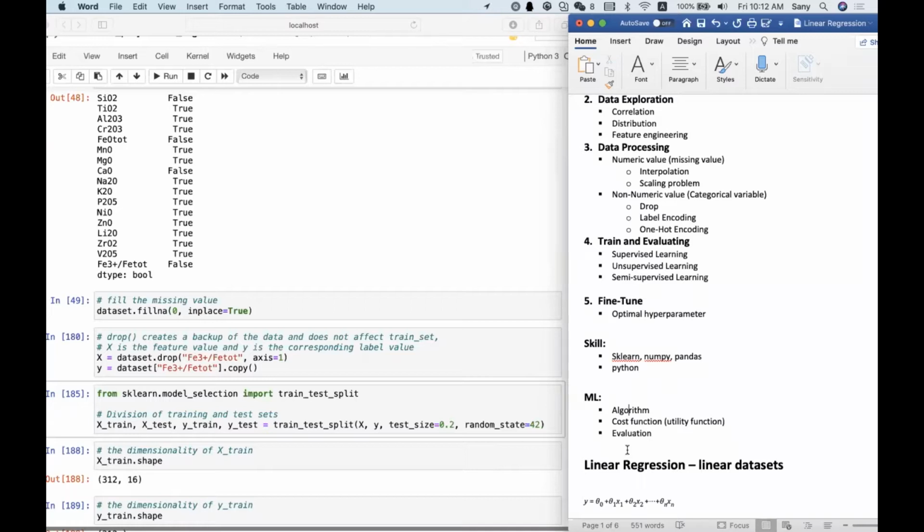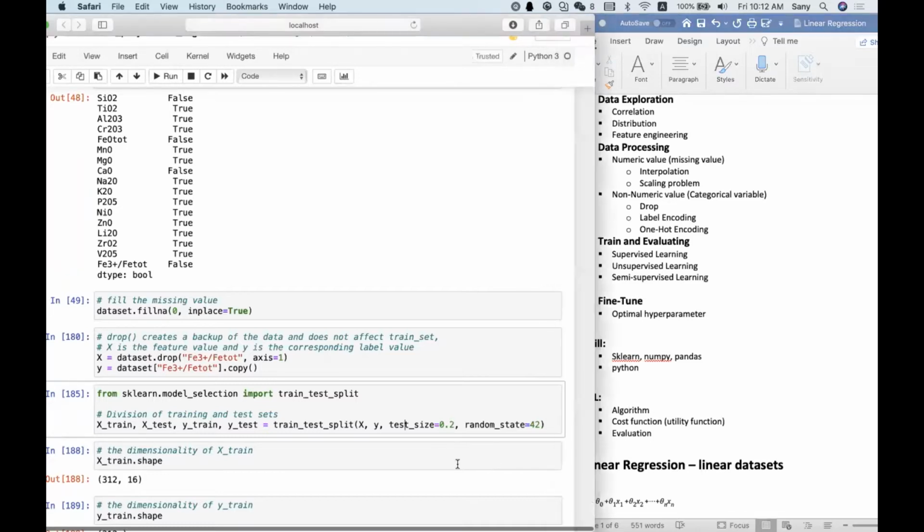This is knowledge you need to learn by yourself, and the framework of data mining will be shown in this lecture.